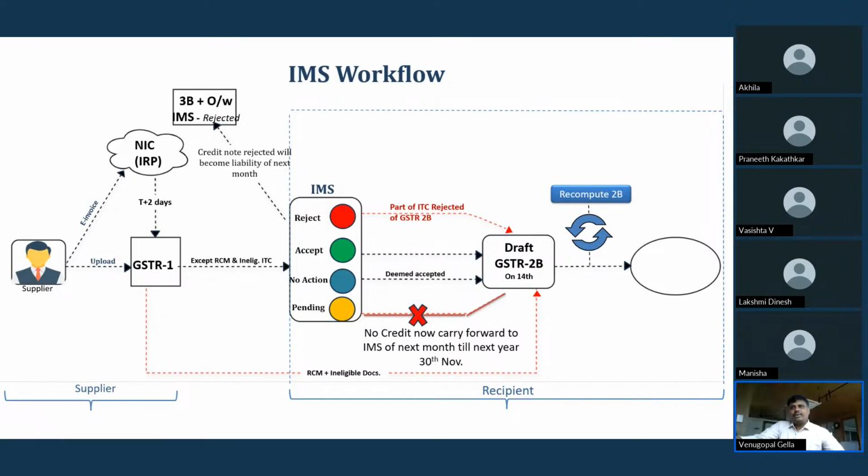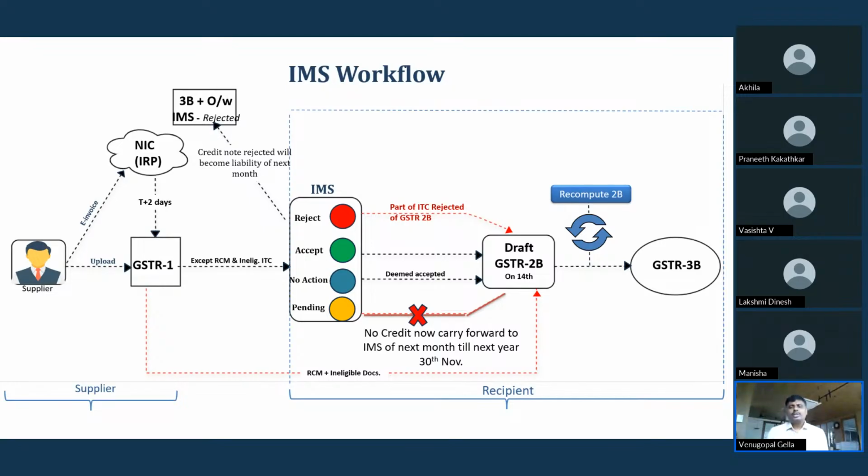Whatever 2B is available today, when you are downloading it from the government portal, that is not your real credit. That is why I have used the word draft GSTR 2B on the 14th. When you are going to file, that is when it is going to become your final GSTR 2B. These values are what would be going to your GSTR 3B.